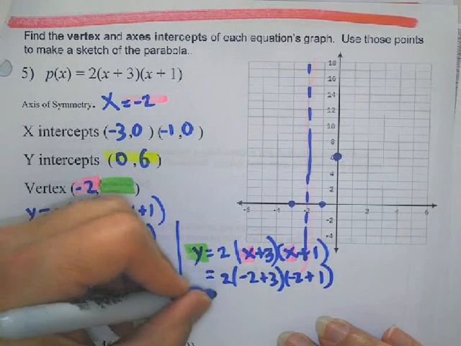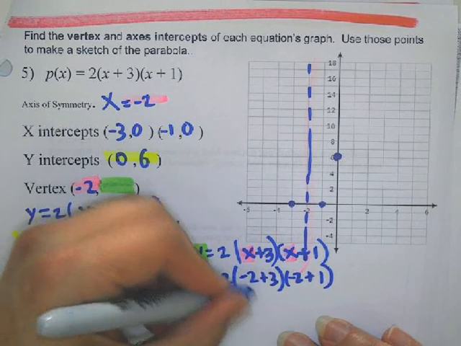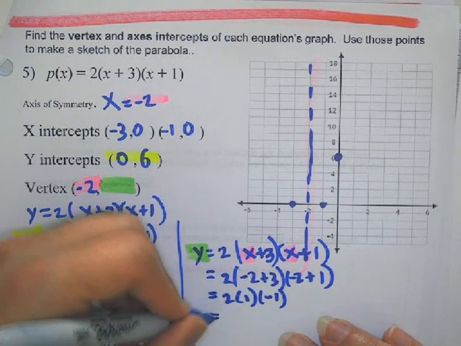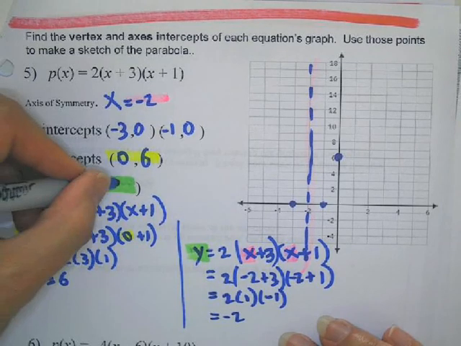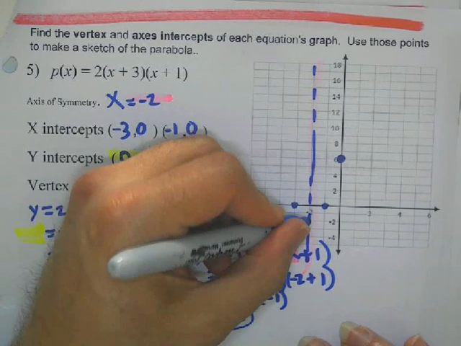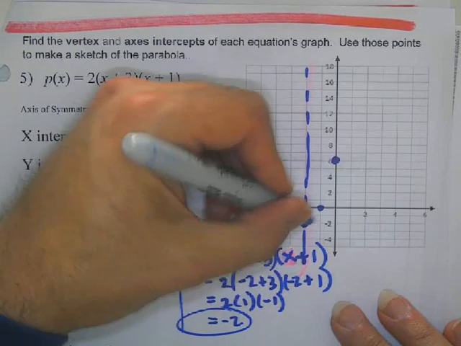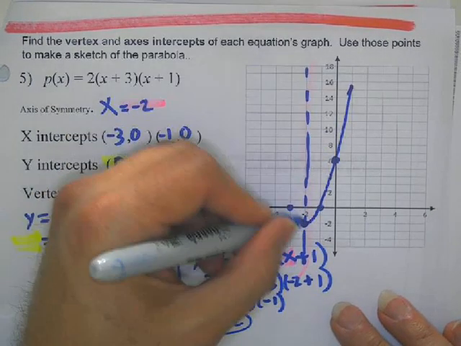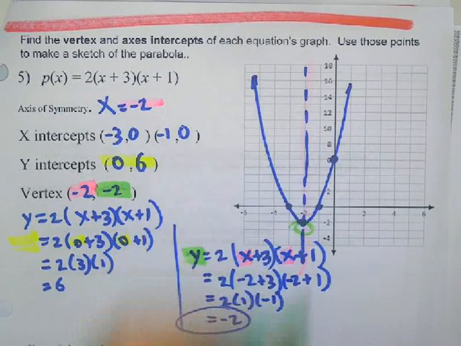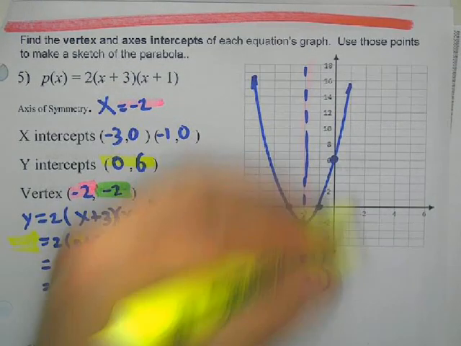And so then we're going to get 2 times 1 times negative 1. And so we're going to get negative 2. Okay, now we can draw the graph. Okay, so there's my vertex. There's my y-intercept.